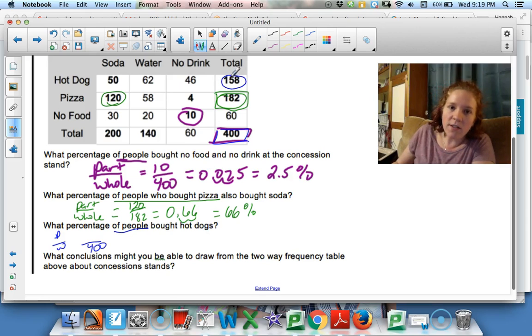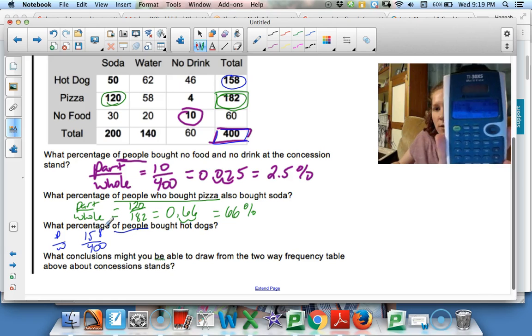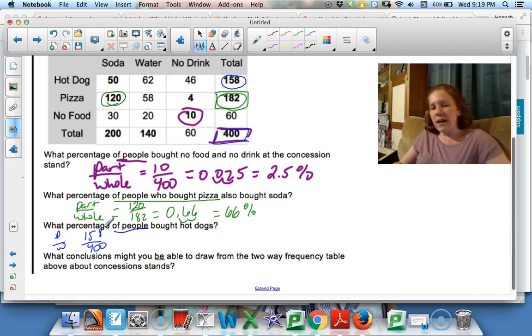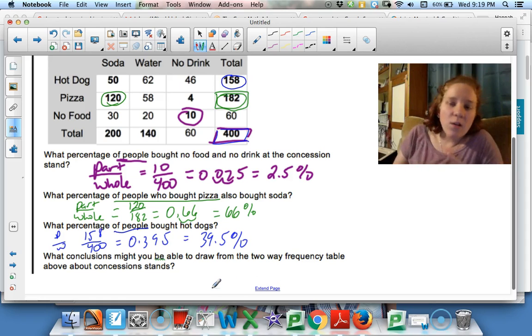So my part is that 158. Okay, so I'm going to divide 158 divided by 400, and I get 0.395. If it's a nice, simple, short decimal like that, I probably wouldn't round. I would just say 39.5%. So this equals 0.395, which is equal to 39.5%.